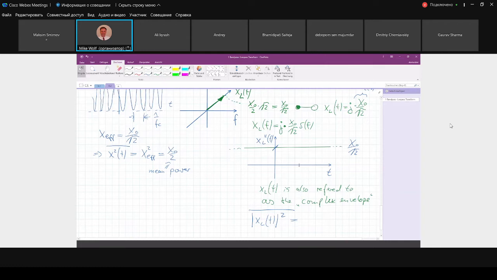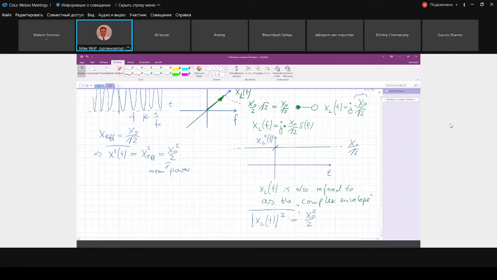If I square it, the imaginary part does not square to a negative value, of course. I forgot a square here. Square the value, of course, the negative is not squared. But you see, it's the same power.